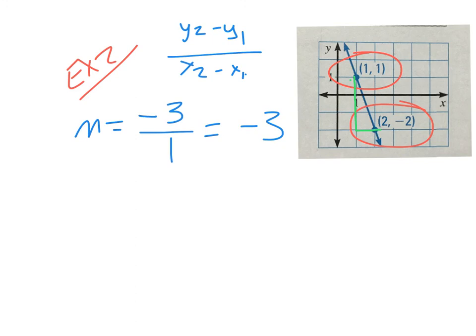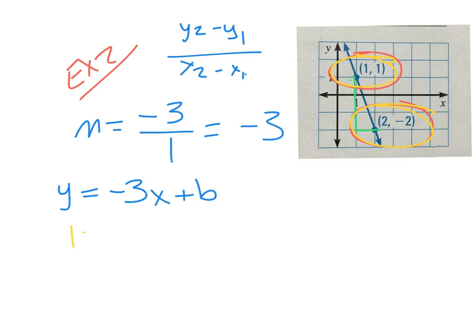So once I have the slope, I can automatically put this in slope-intercept form, right? Now to solve for b, what would I do? I just plug in one of these points. Which one do we want to use? 1, 1. It'd be super quick.